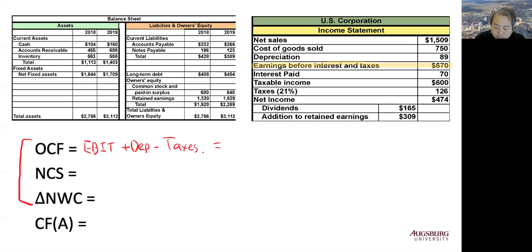$670. Where is depreciation? Depreciation can be found here in the income statement, $89.